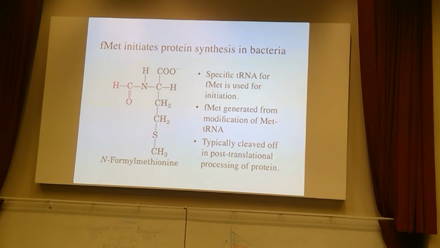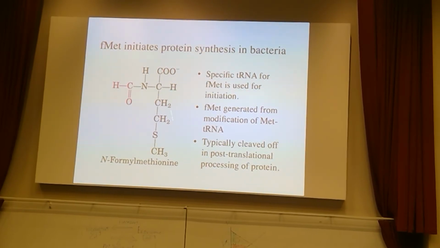When we were talking about the genetic code, we talked about the fact that the start codon was AUG. That encodes for methionine. A particular AUG codon can be recognized as the start codon. And when it's recognized as a start codon, it doesn't just use methionine, it uses this special methionine that's got a formyl group on it, N-formyl methionine. This is the first amino acid used for bacterial protein synthesis.